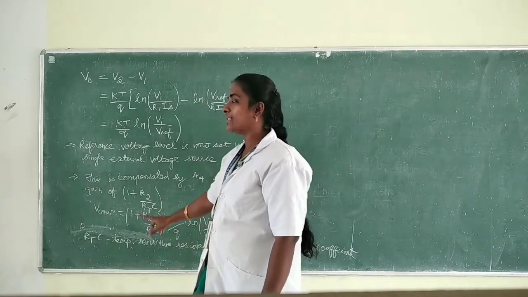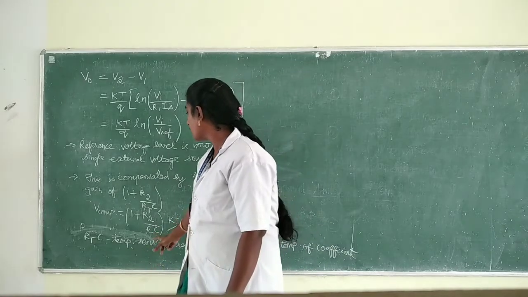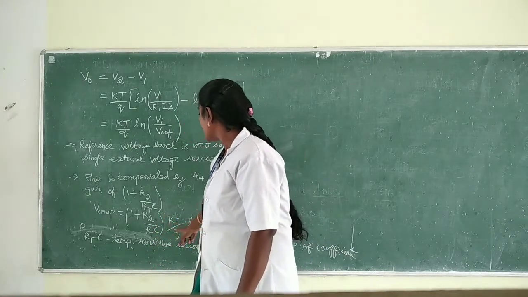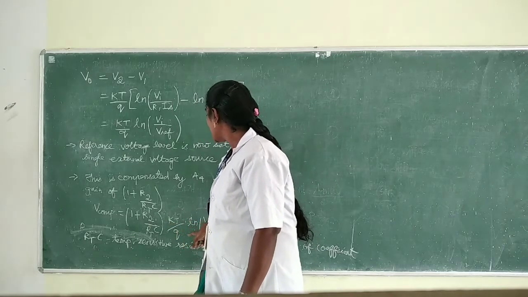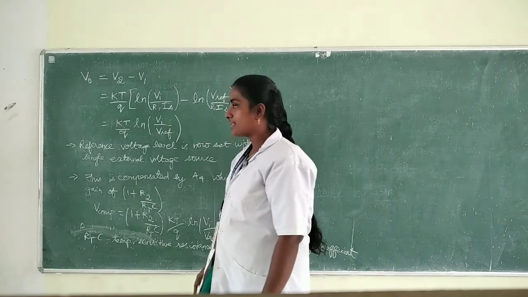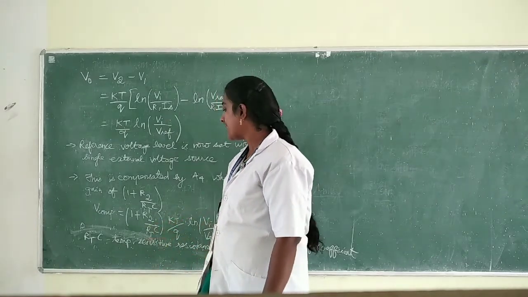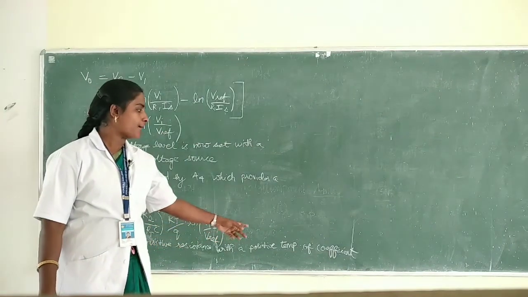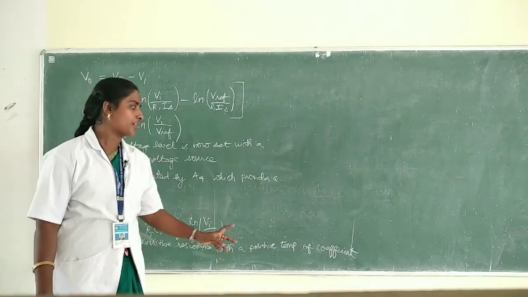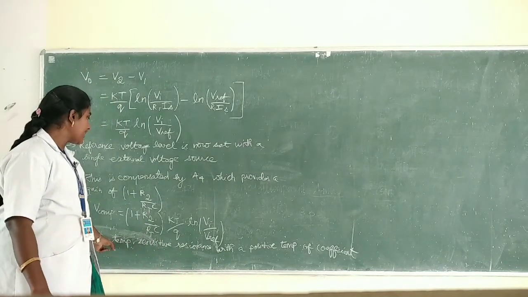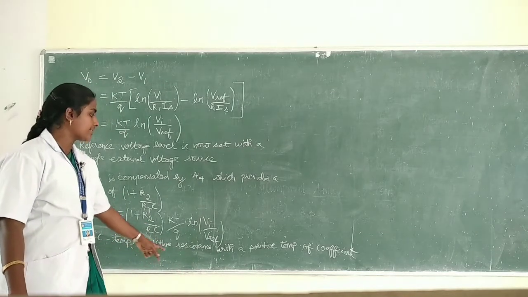So the output voltage is equal to 1 plus R2 divided by RTC into KT divided by Q ln Vi divided by V reference. Here RTC is the temperature sensitive resistance with a positive temperature coefficient, that is the sensor.